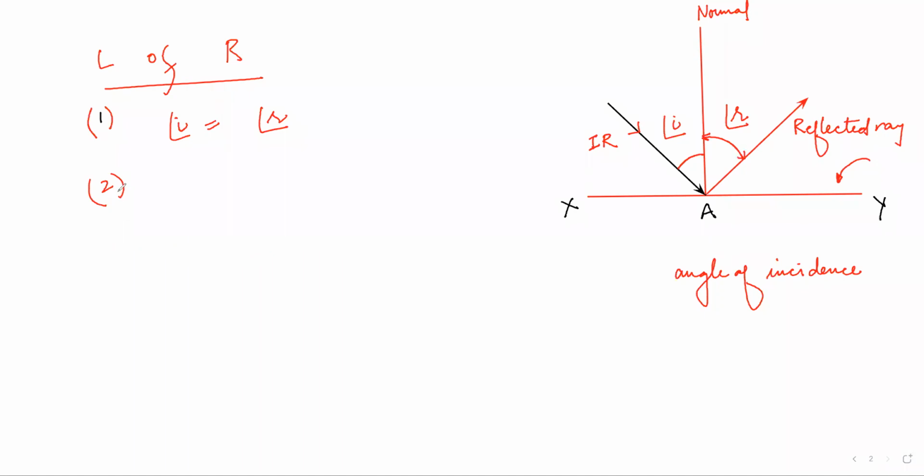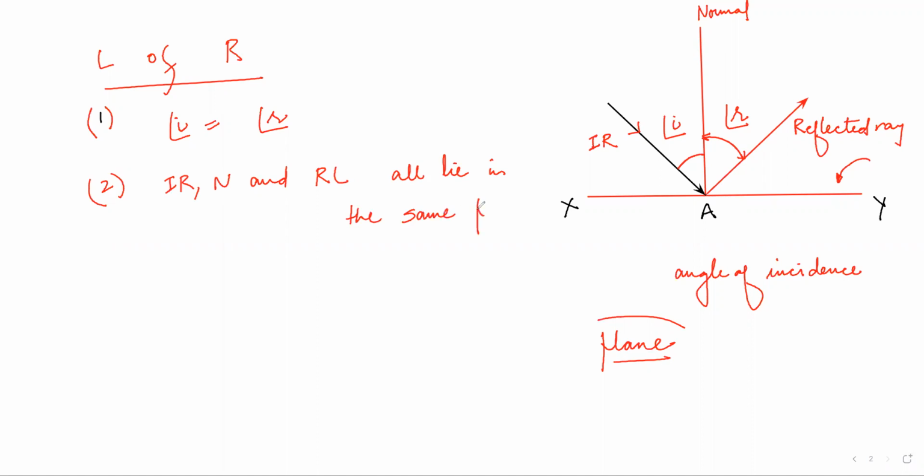Beautiful. What is the second law? Imagine that the incident ray and reflected ray are vectors, these two vectors and the normal. Right now I'm drawing on the screen of the laptop, which is a good example of a plane. All these three, the incident ray, the normal and the reflected ray, lie in the same plane.